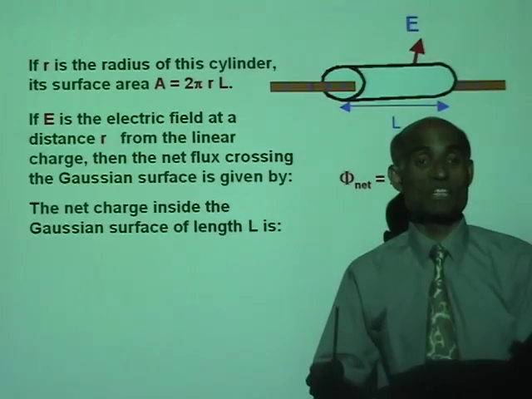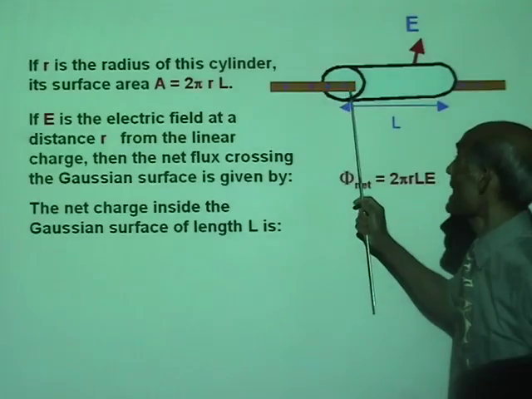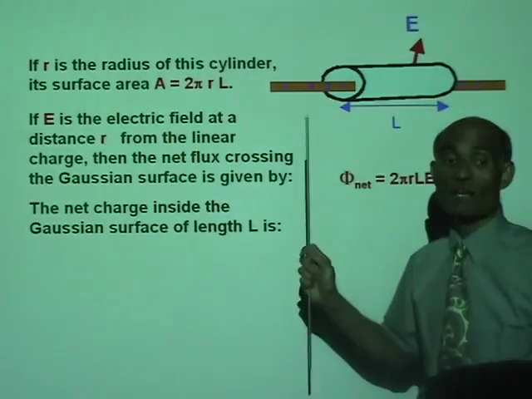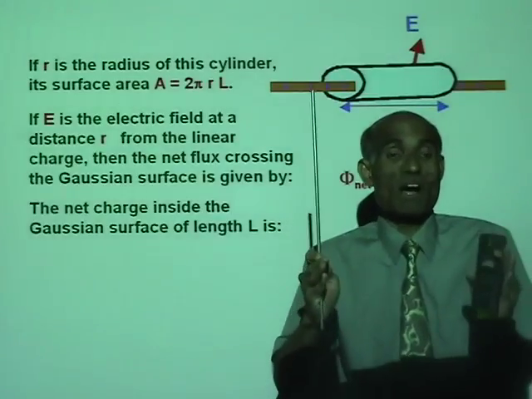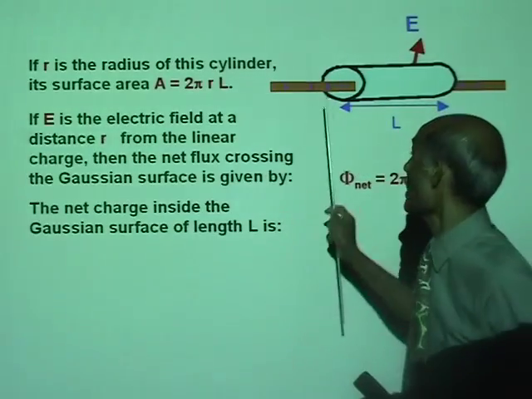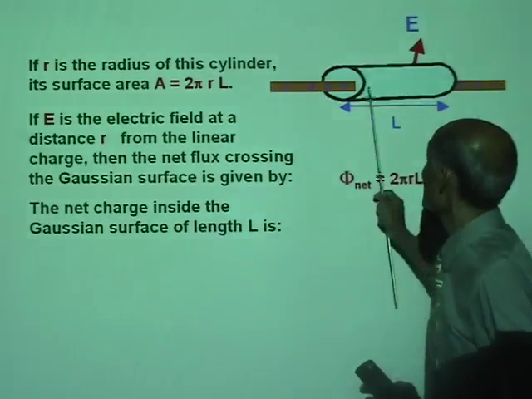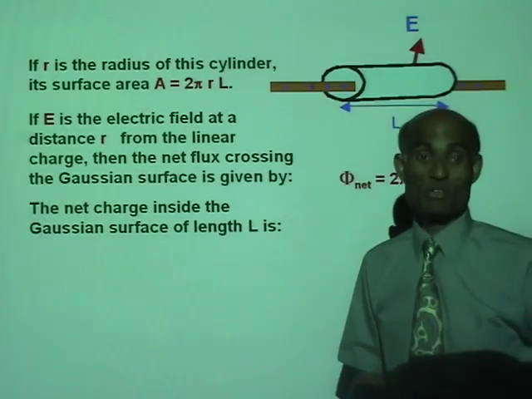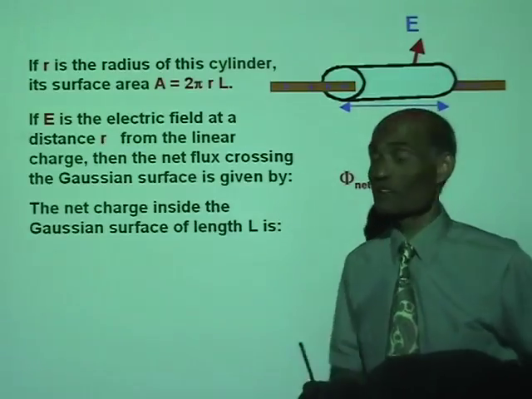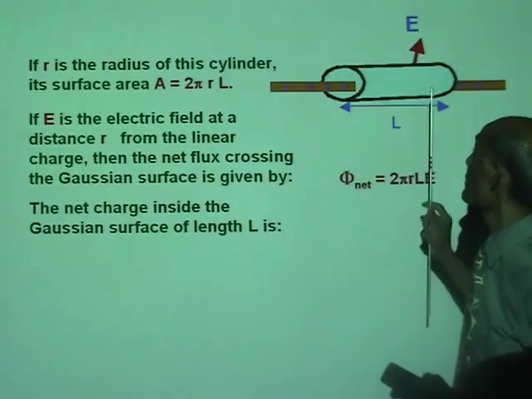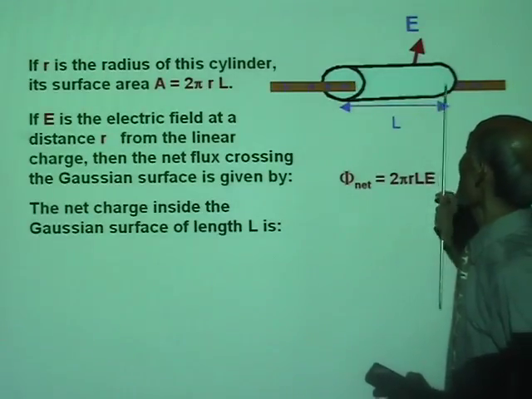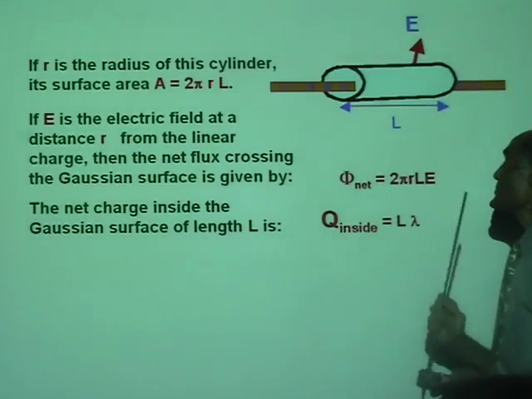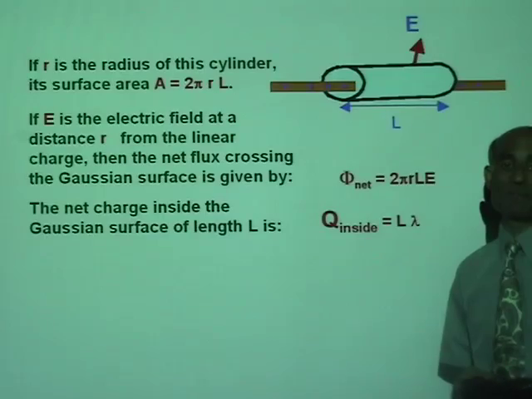Linear charge density is lambda, and the length of the charge inside the Gaussian surface is L. What is the total charge on that length L inside the Gaussian surface? The Q inside, the total charge inside the Gaussian surface will be that L multiplied by lambda. So Q inside equal to L lambda.